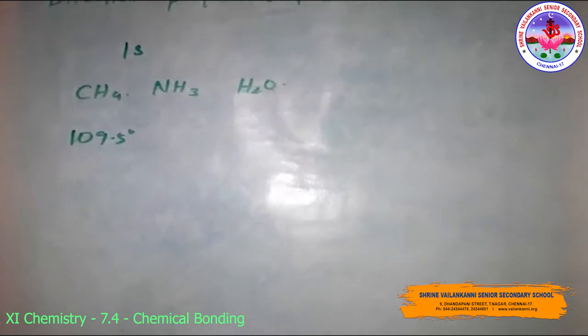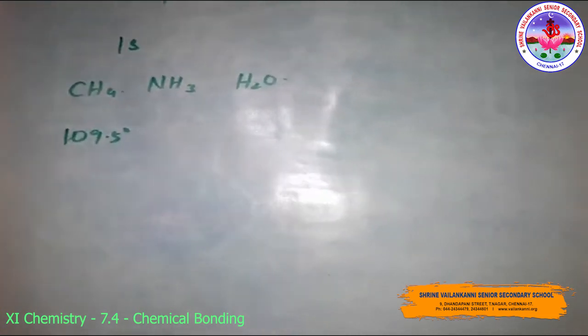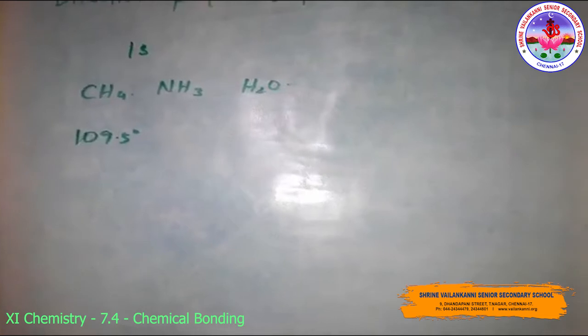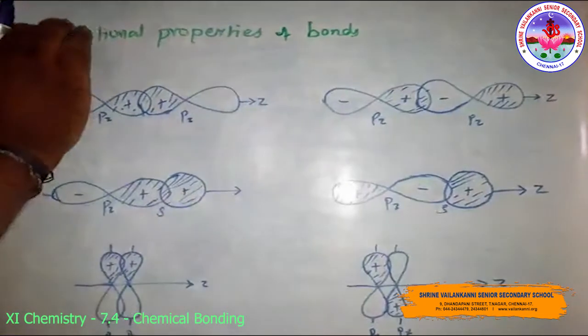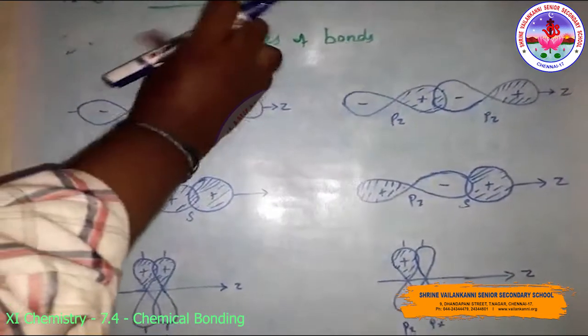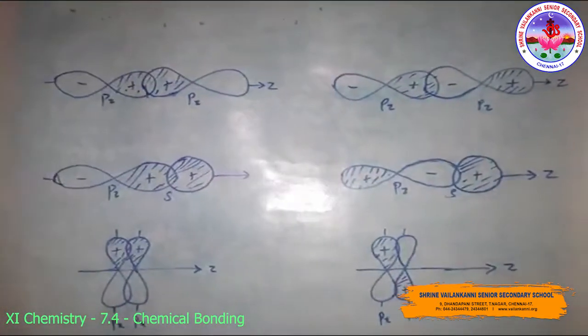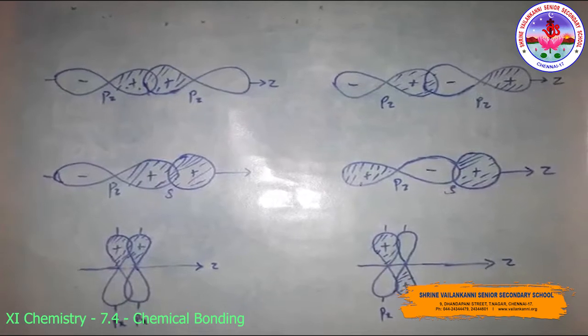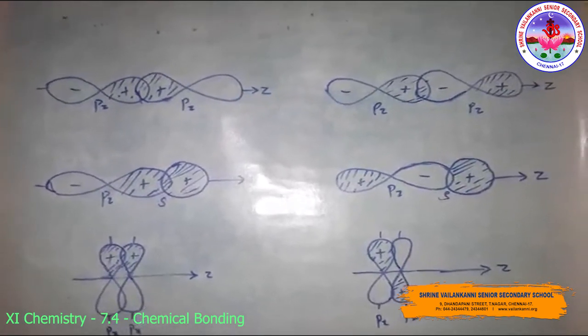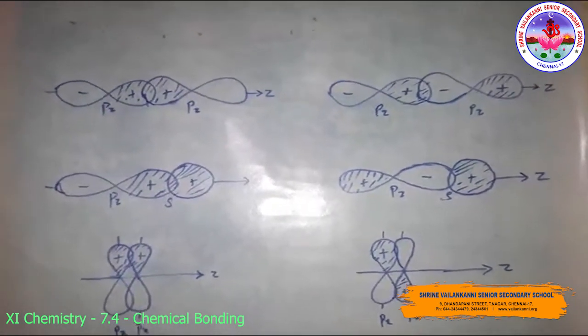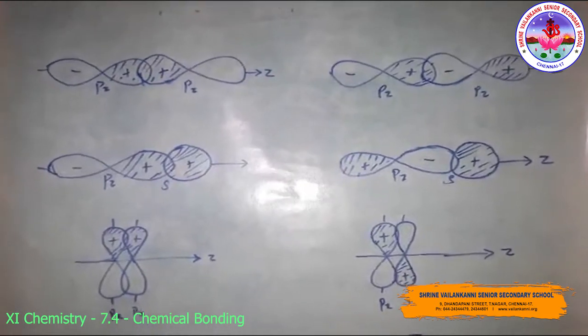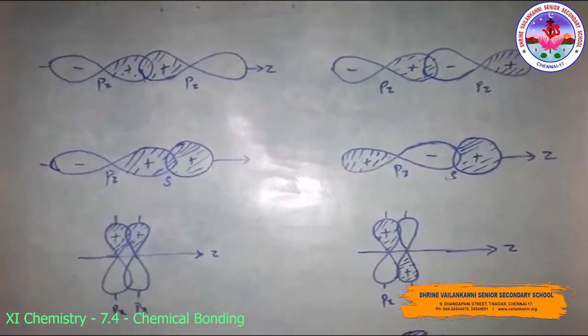First, the overlapping of the atomic orbitals. This is the overlapping of the atomic orbitals when orbitals of two atoms come close to form a bond. Their overlap may be positive, negative or zero.